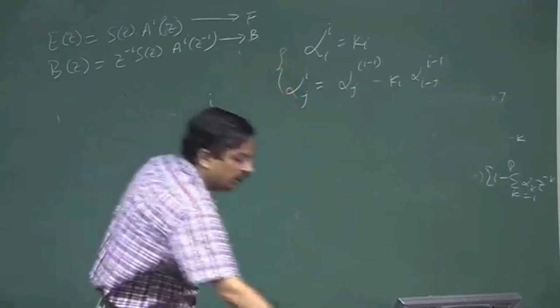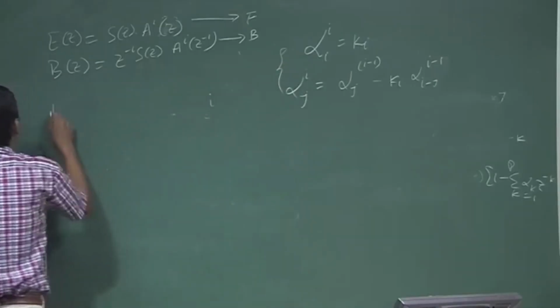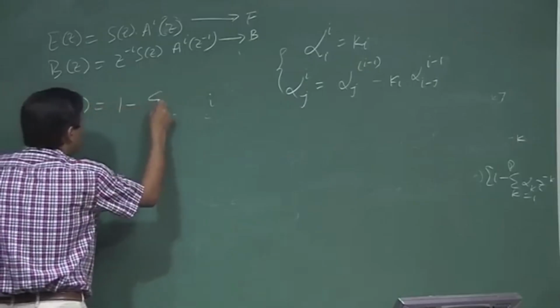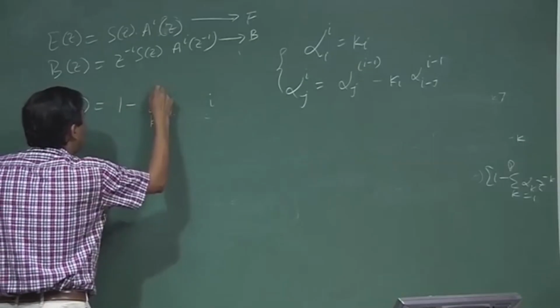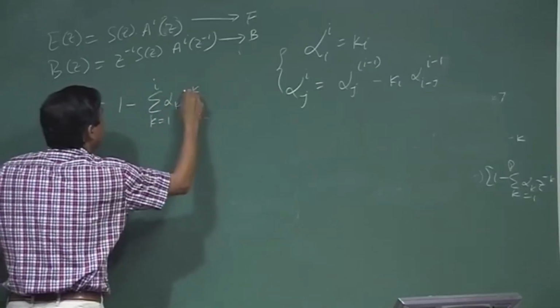Now think about this. What is A_i(z)? A_i(z) is nothing but 1 minus the sum over k equal to 1 to i of alpha k z to the power minus k.